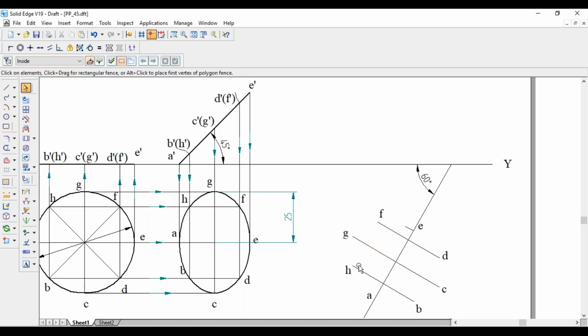Once again, here also free-handedly we have to join these end points with the help of a curve. So a free-handed curve we have to use while drawing manually.